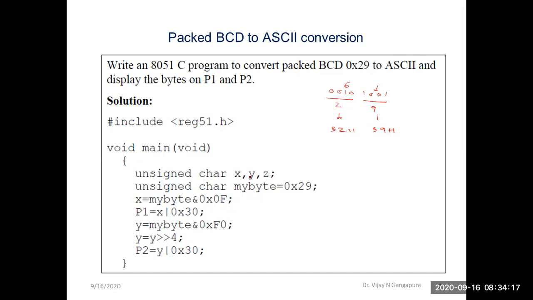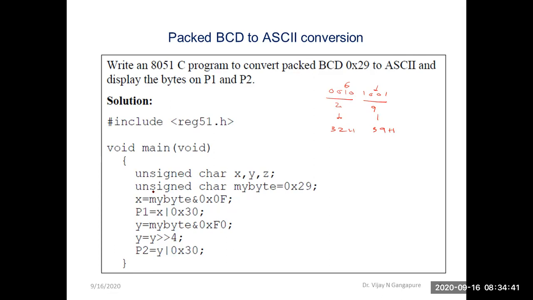So this declaration will declare x, y, and z as unsigned char variables, which means I can store any value between 0 to 255 in them.